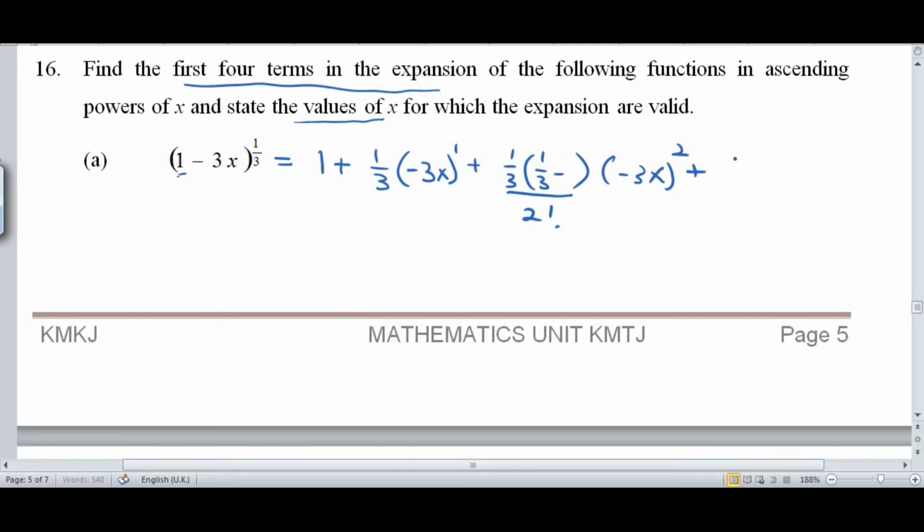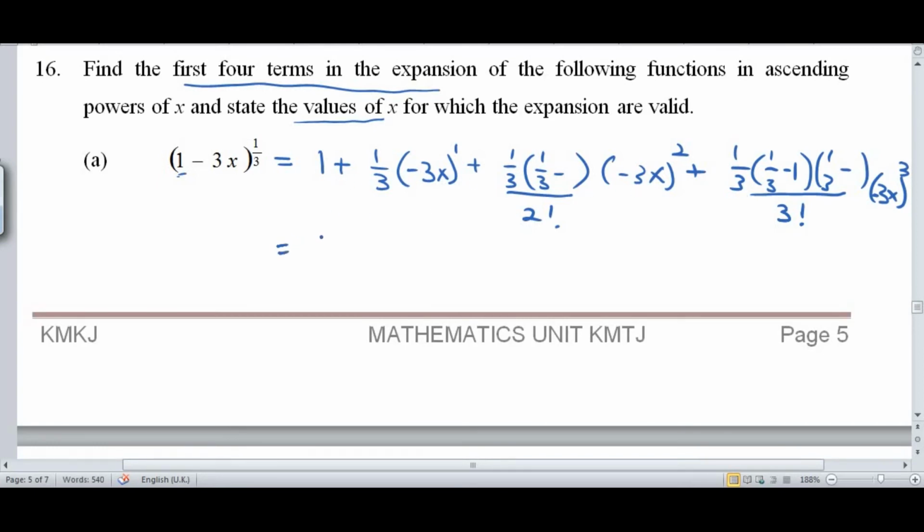So you have (1/3)(1/3 - 1)(1/3 - 2) over 3 factorial, and then (-3x)^3. Now we already have 4 terms.